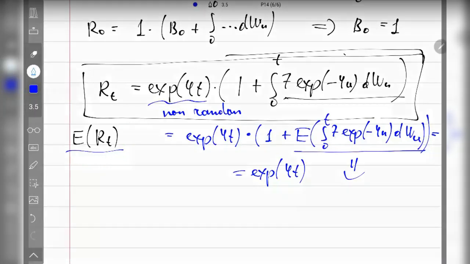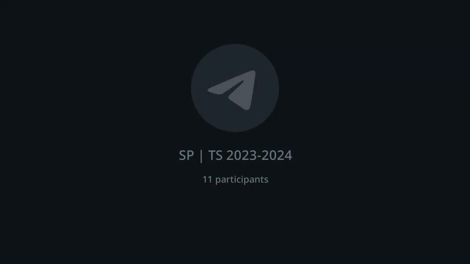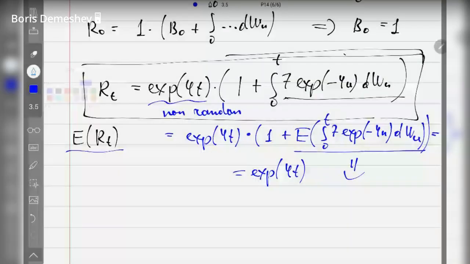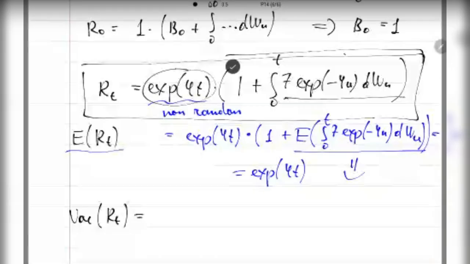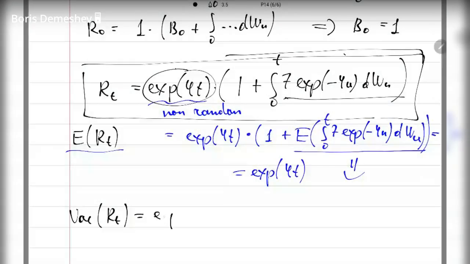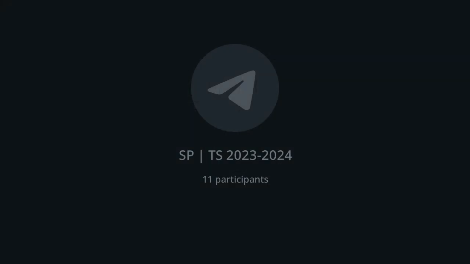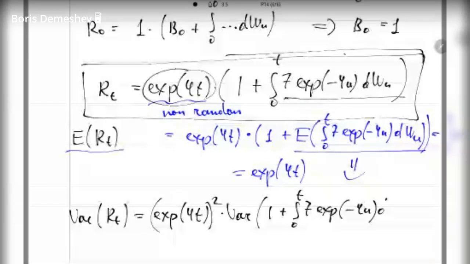What about variance? If we calculate variance of rt, once again, the first quantity is non-random. So it will go outside of the variance with square sign. I will get variance of integral 1 plus integral from 0 to t 7 exponent minus 4u dWu.